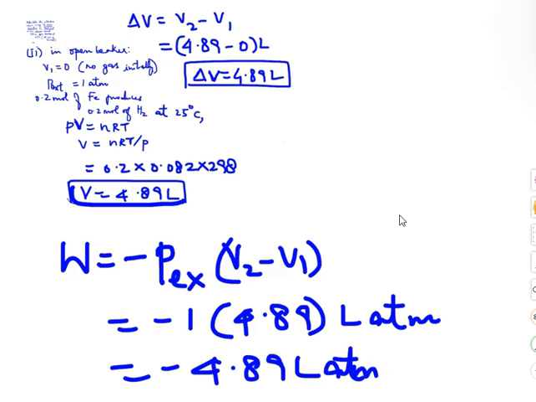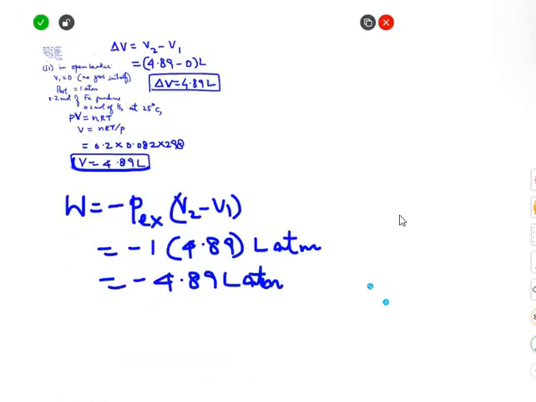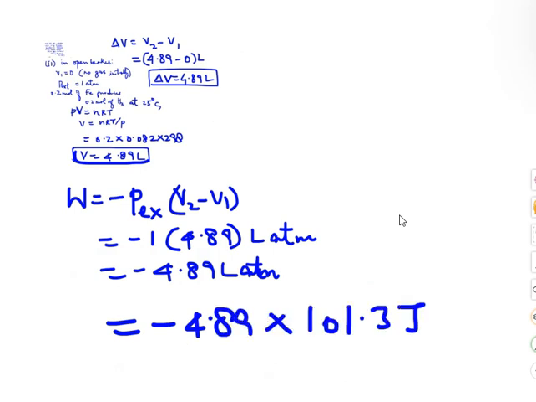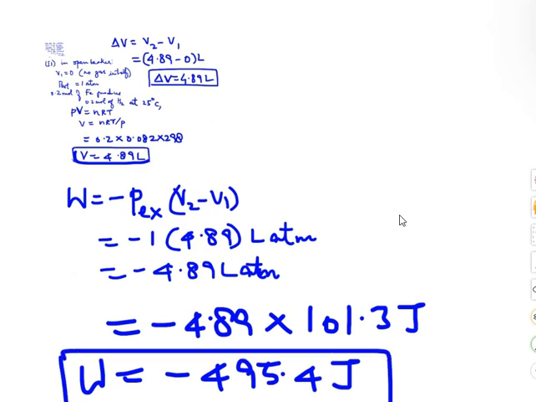Now to convert this into joules, multiply it with 101.3 joules. Minus 4.89 into 101.3 joules, which will give you minus 495.4 joules is the work done in case of open beaker.